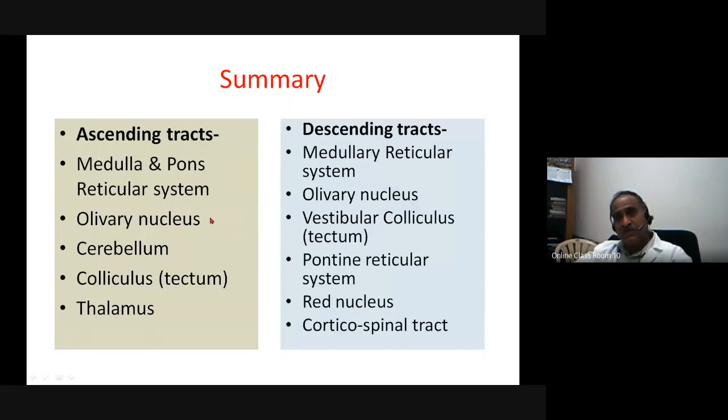Olivary nucleus receives input from the cerebellum. And the spinocerebellar tract. The fibers going to the olivary nucleus are corrective fibers, so they correct the motion. The spinocerebellar tracts are regarding the proprioceptive inputs.